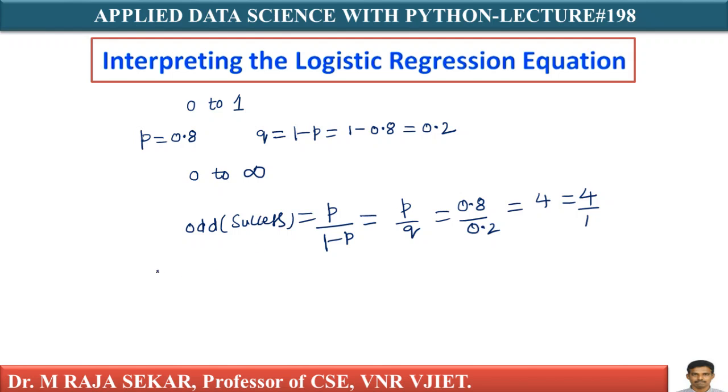What does it mean? The odds of success are 4 to 1. The odds of failure, what are the odds of failure?